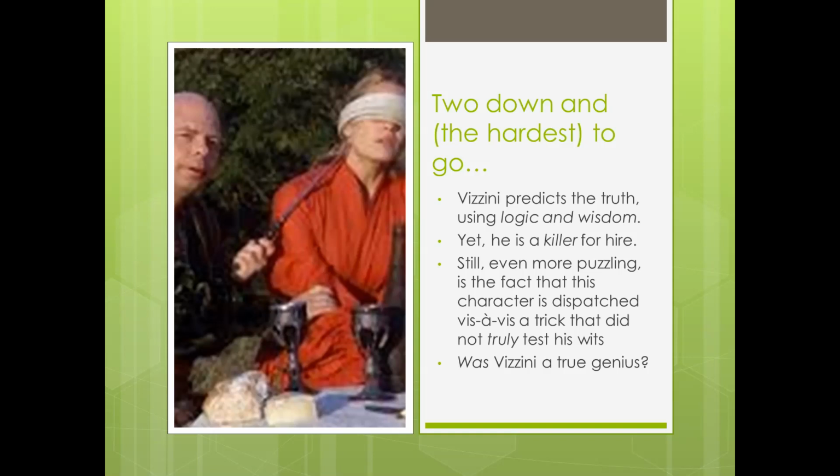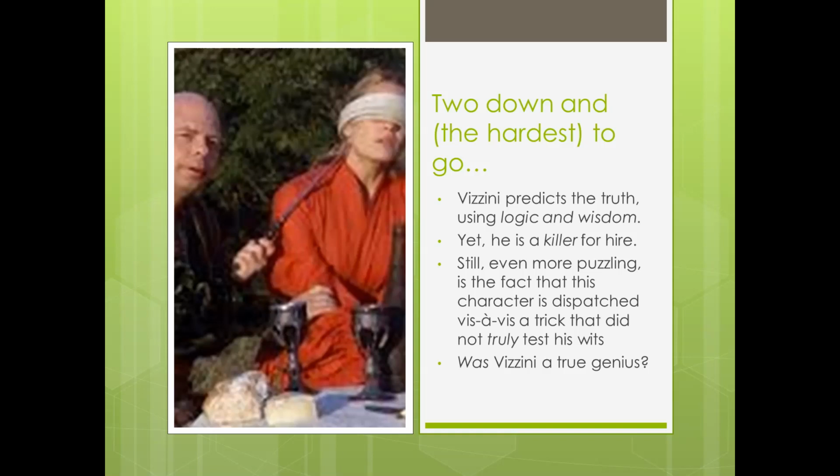It's just a trick that, as I said before, cannot be deduced even with a host of wise knowledge behind you. And of course, this leads to another question. Was Vizzini really truly a genius? He may have been.